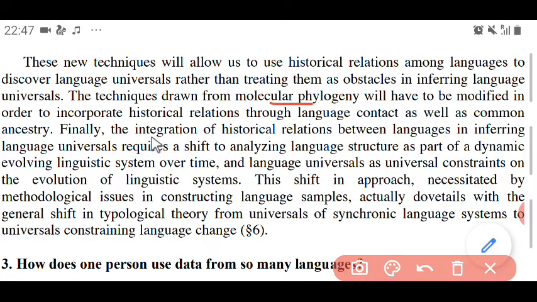Finally, the integration of historical relations between languages and inferring language universals requires a shift to analyzing language structure as part of a dynamic, evolving linguistic system over time, and language universals as universal constraints on the evolution of linguistic systems.